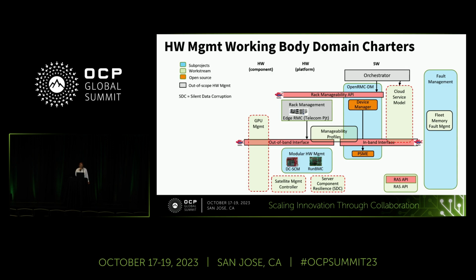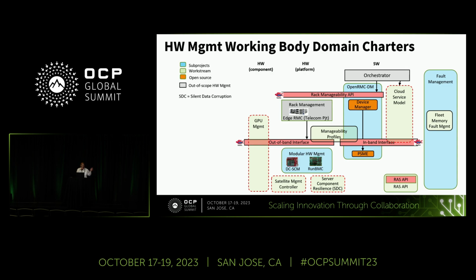And there are projects like telco projects where they have rack manager, rack management, edge RMC, which basically leverages the APIs defined by the hardware management work group, which is the rack manageability API. So that is between platform and software. And you can think about these manageability interfaces as being used by some orchestration layer.